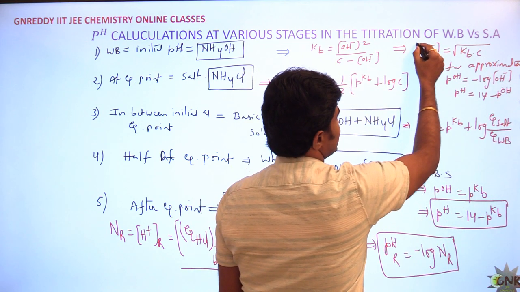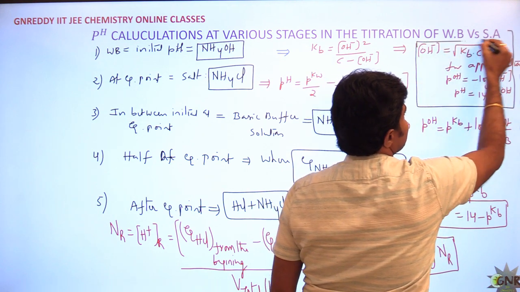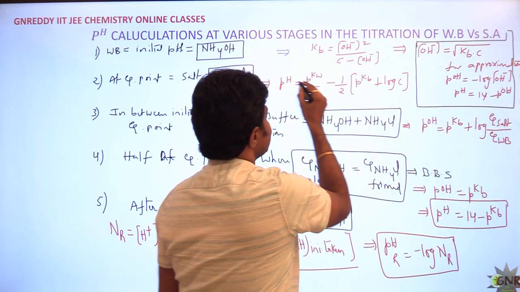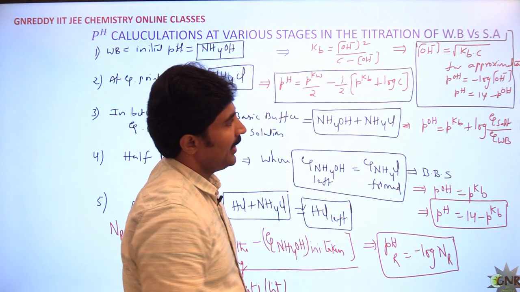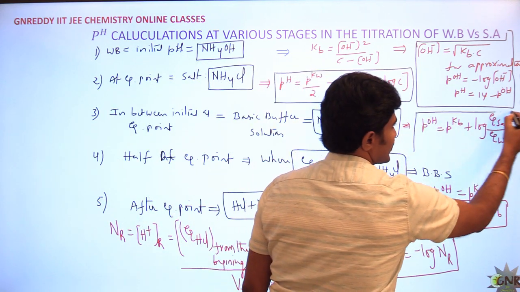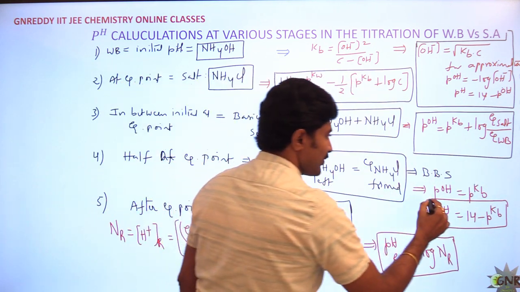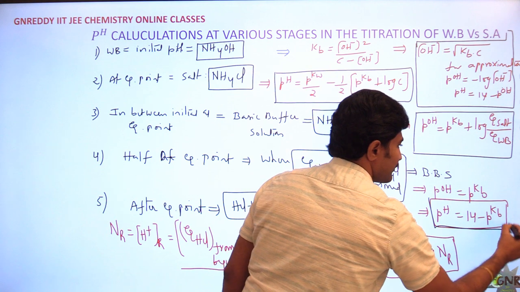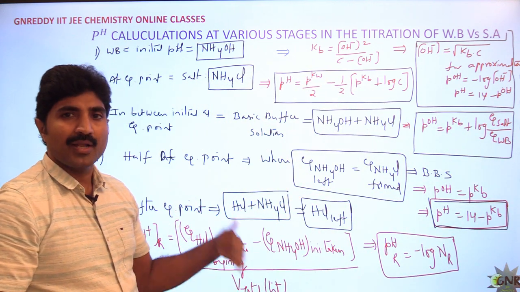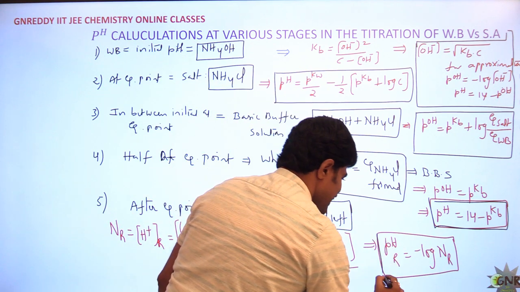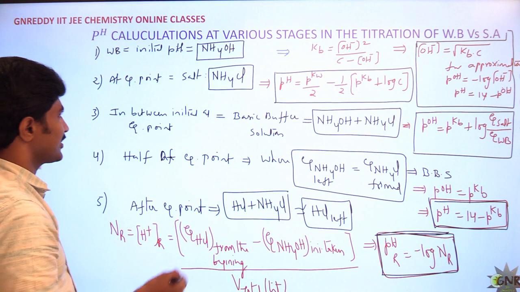So in the various cases, these are the pH calculations. The first is the weak base pH, and the second is the salt hydrolysis pH, ammonium chloride salt hydrolysis pH, and the third one is the basic buffer solution pH. The fourth zone, the half equivalence point, is also a basic buffer solution, but these two are equal. The last, fifth one, after the equivalence point, the resultant solution is acidic in nature, and that pH is calculated by this.